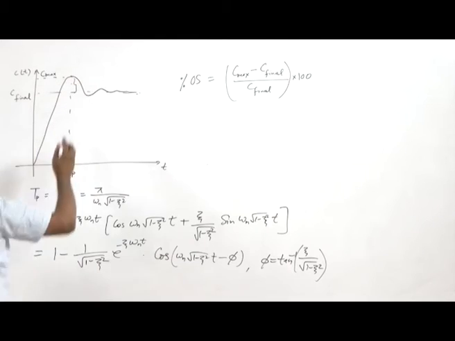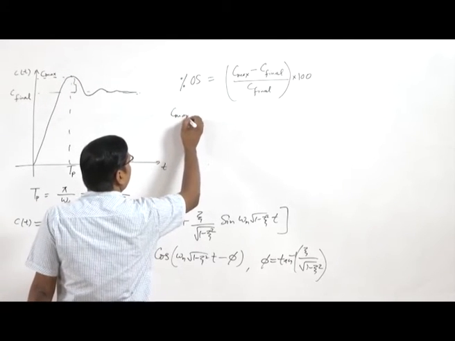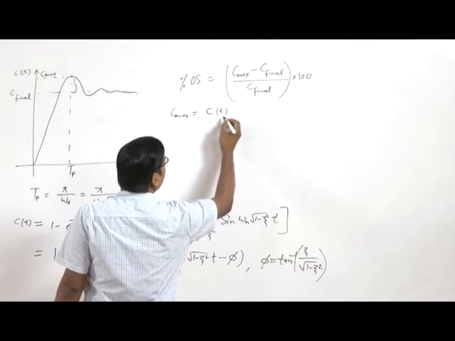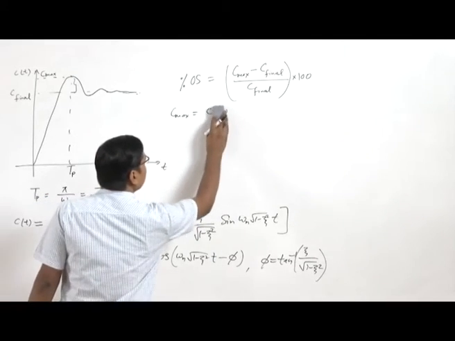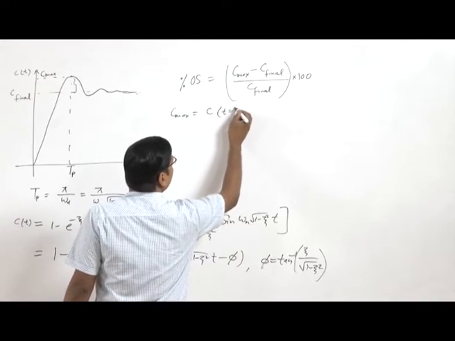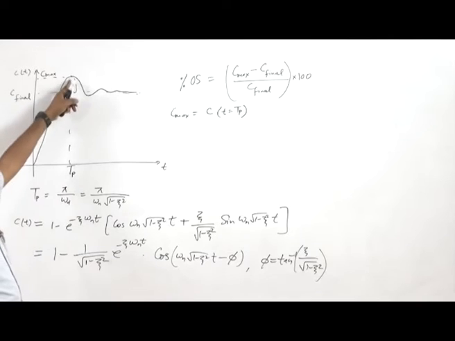First we have to find this maximum value, and C max will be equal to C(t) when t equals Tp, because at t equal to Tp the value we get is the maximum value.